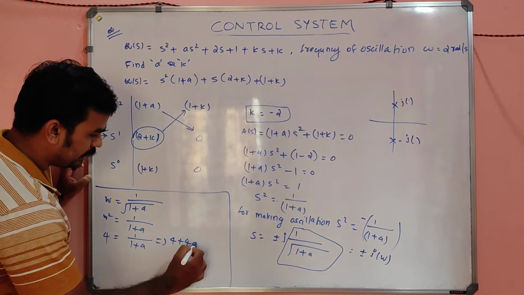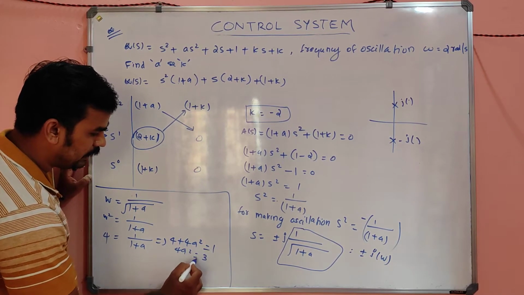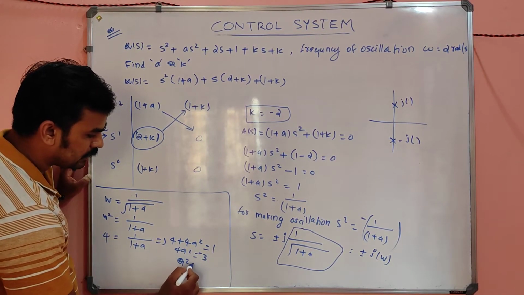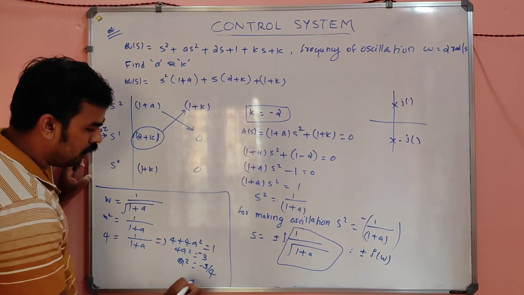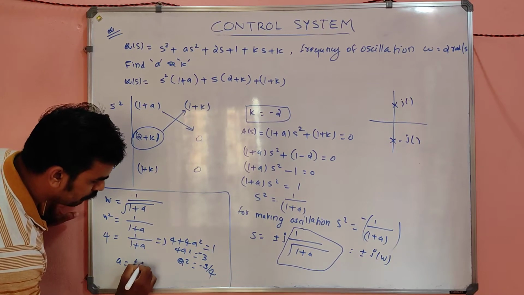That implies 4 plus 4a equals 1, 4a equals minus 3, a equals minus 3 by 4.